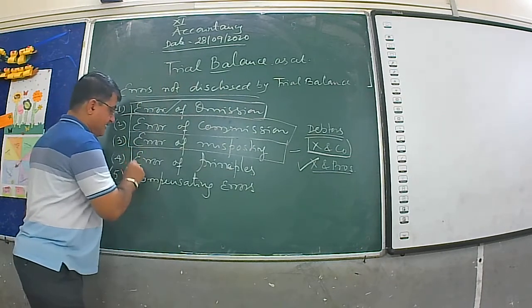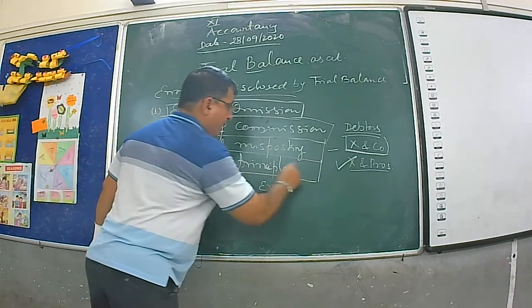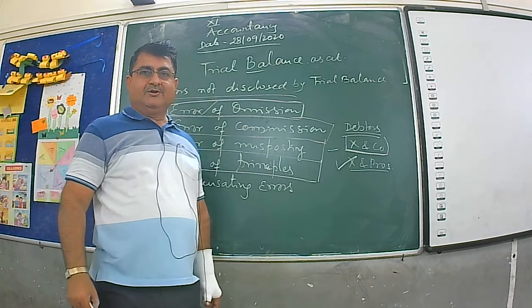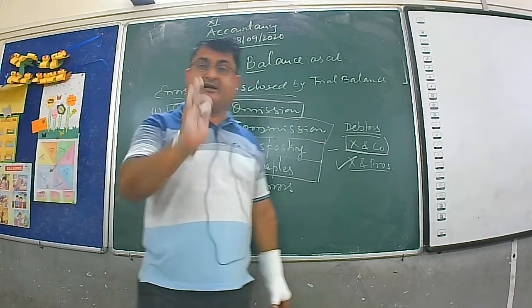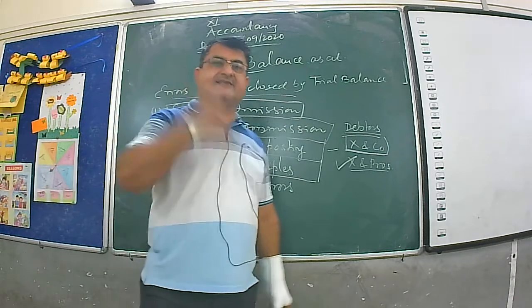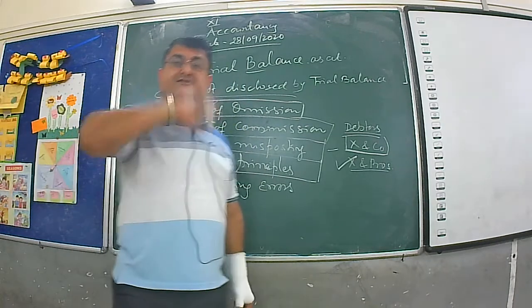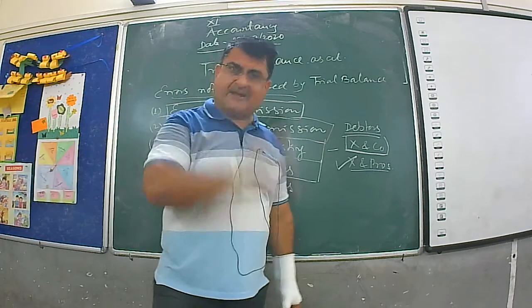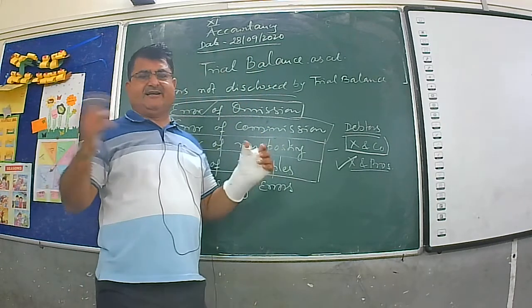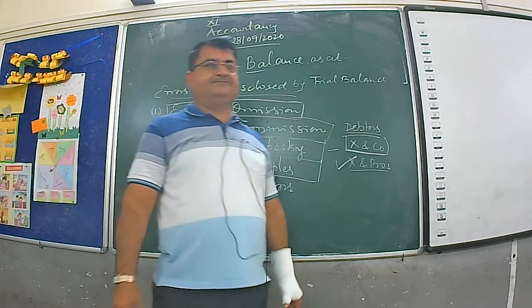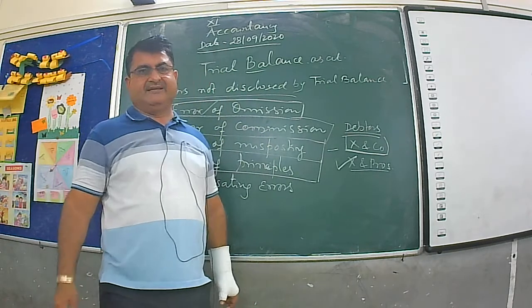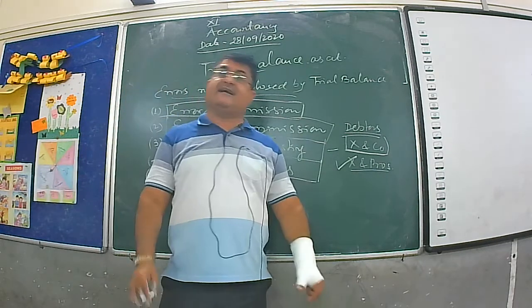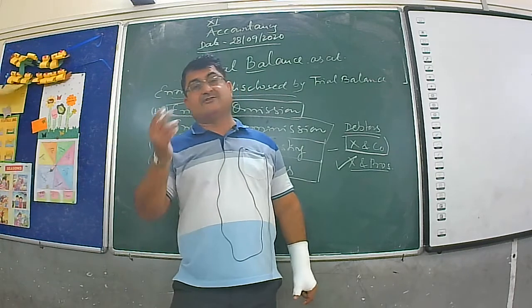Next one is error of principle, where the person who is entrusted with the responsibility of recording transactions in the journal book and then posting them to the respective ledger accounts does not know the actual principles of accounting, such an error is committed. For example, a building is an asset, a real account, and repairing charges paid for that building is an expense, a nominal account.